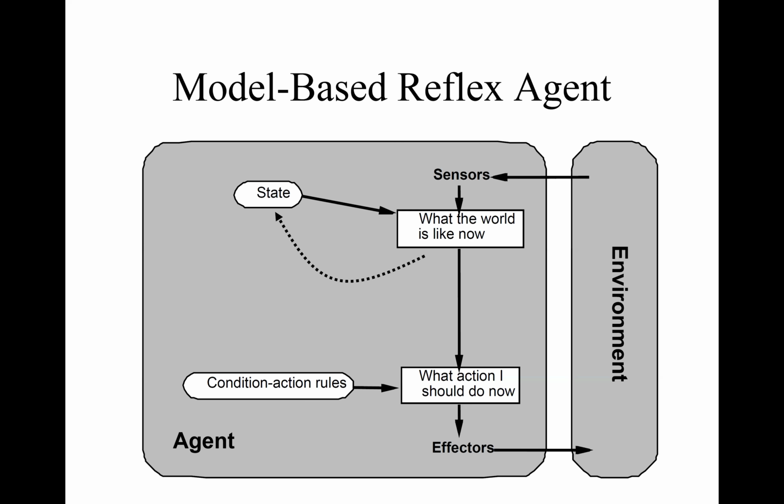This often makes all the difference. In our state, we could keep track of, is this the very first percept that I have? And if you knew it was the very first percept, you could solve the problem of the VacBot just shutting off right at the beginning. You could say, normally you shut off when you get a 001, but not if it's the first percept you have, then you will go forward.